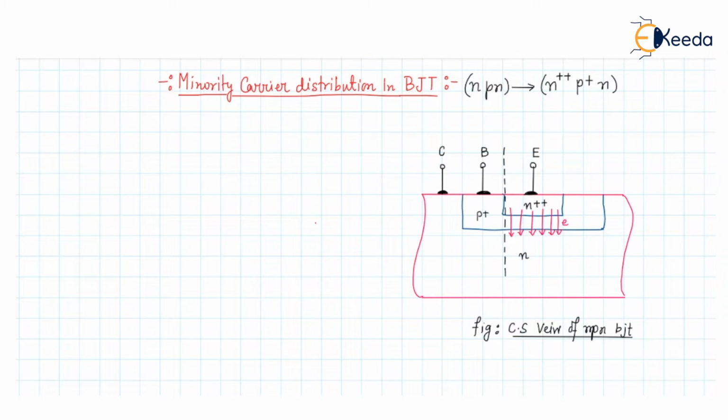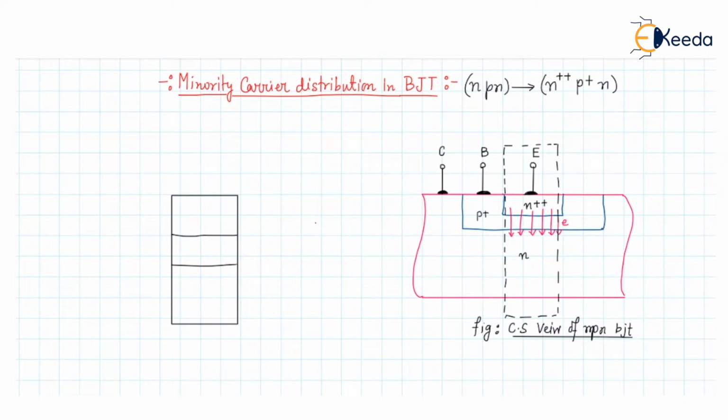We have already discussed this cross-sectional view. If we consider this dotted region only, then it can be drawn like this. It will look like a rectangular view, and in this rectangular view we will have our emitter region and our base region. This is the N plus plus region, this is the P plus region, and this is the N region.